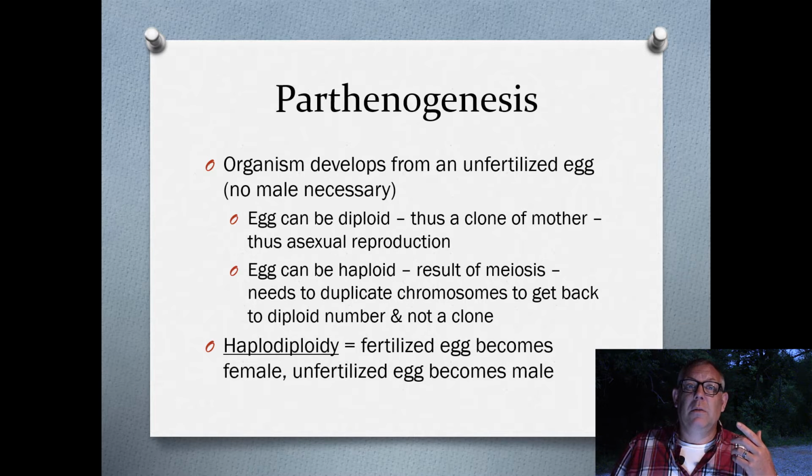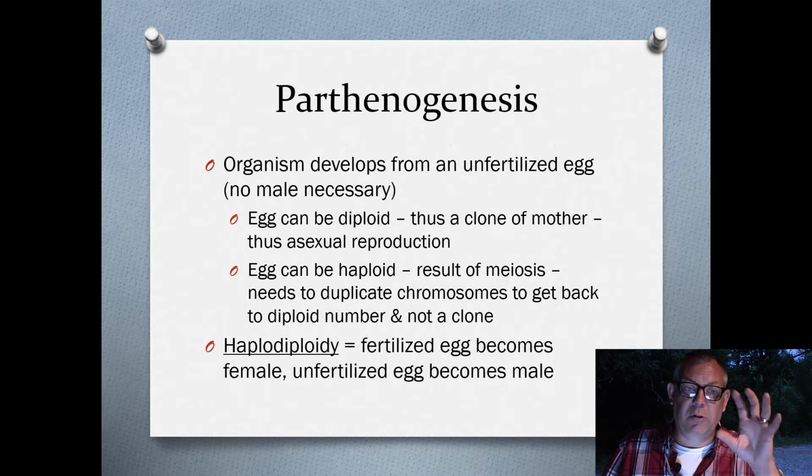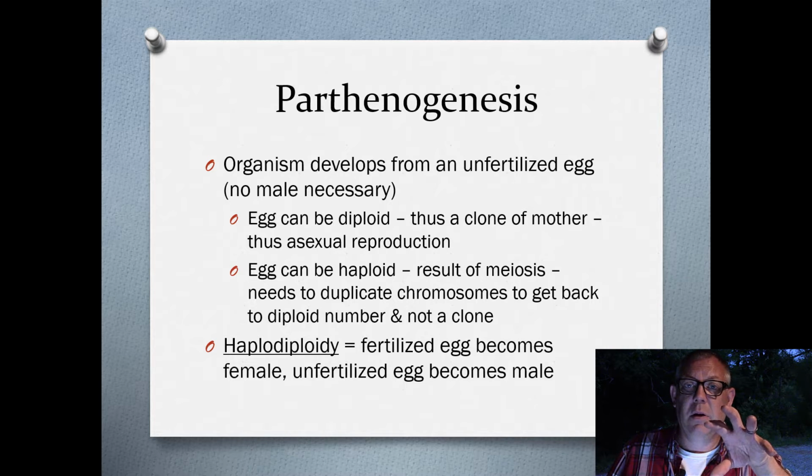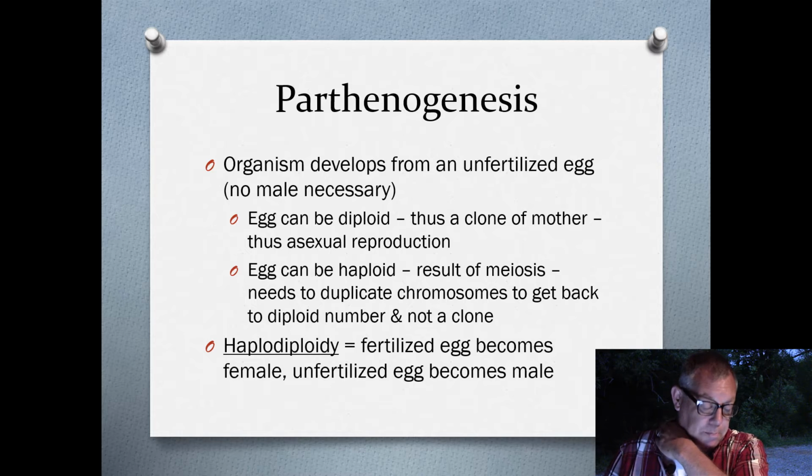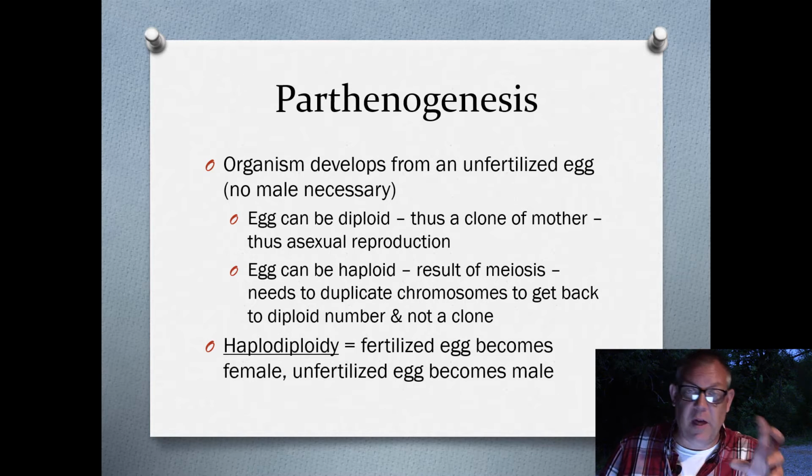But it could be a typical egg that's formed from meiosis, and so it's haploid. And if that egg is going to develop into an organism, it needs to double its DNA and then start dividing. So it starts as haploid, doubles the DNA, now it's diploid, and now you can develop into another organism parthenogenically. We talked about some ways that you can double that DNA, right?